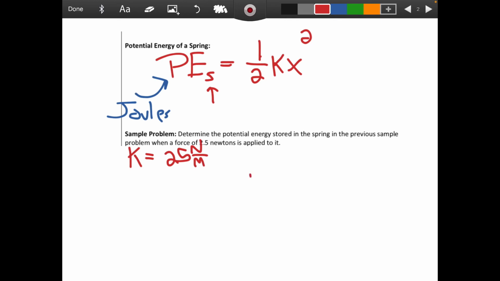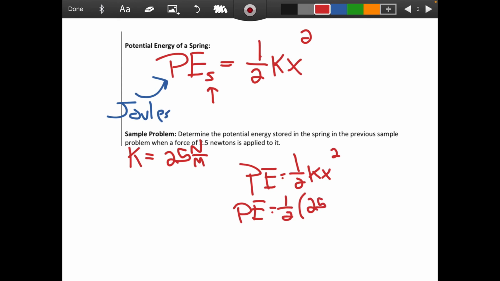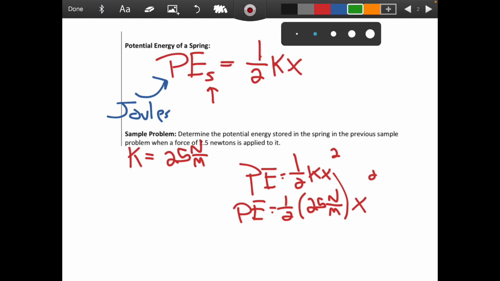Okay, so here, we want to know the potential energy stored in it. I'm going to make sure I plug in with units. We have that. But wait, the problem doesn't give us x squared, and that's why it's okay to go ahead and start solving something, but then if you don't have it, okay, well I've got to take a step back and figure this out.